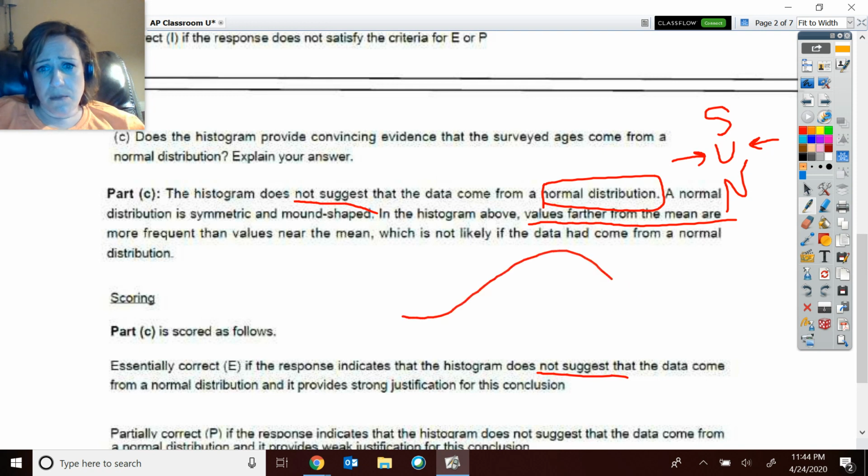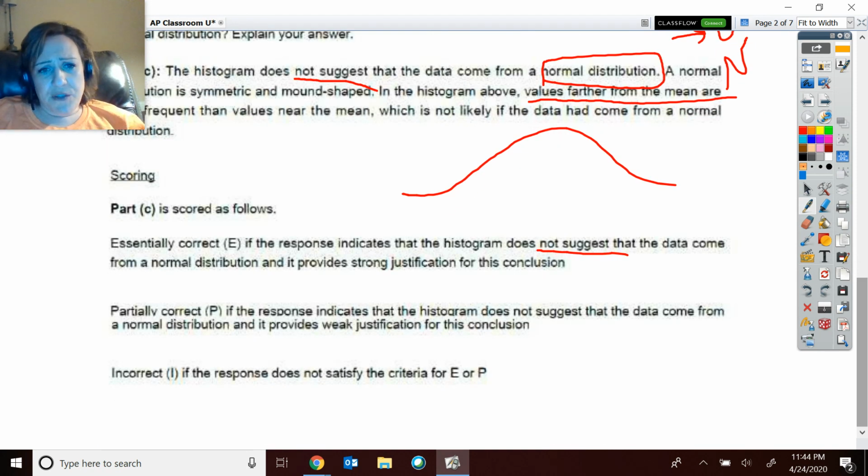It's not bell-shaped, that kind of stuff. Partial credit, if you say that it's not normally distributed, but you don't really give a good indication about how the sides are higher instead of the middle being higher. And if you said, yes, it's normal, then you automatically got completely incorrect and did not get full credit for that. So that is how you get those.